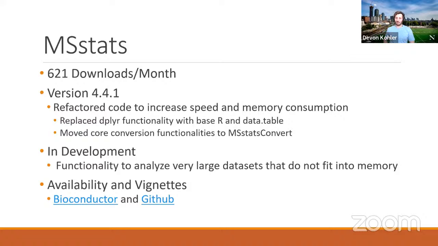How we did this was replaced a lot of the tidyverse or dplyr functionality with base R and data.table functionalities. And we also moved a lot of the core conversion functionalities to MSstatsConvert, which helped us share those conversion functions between packages.